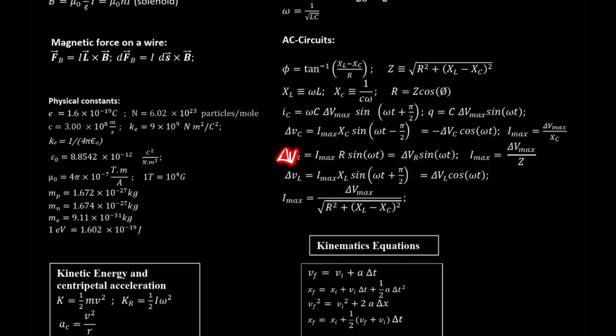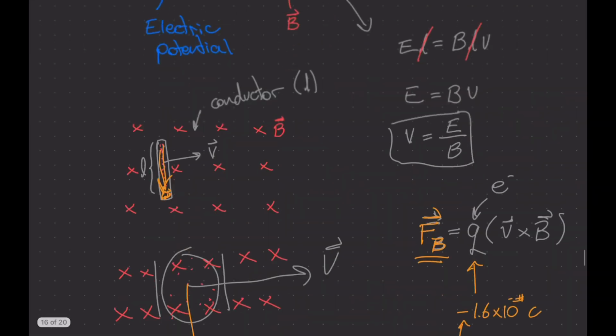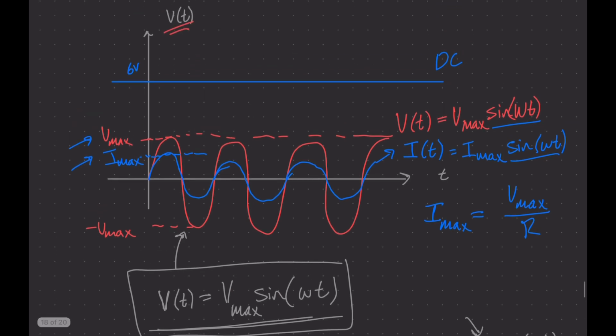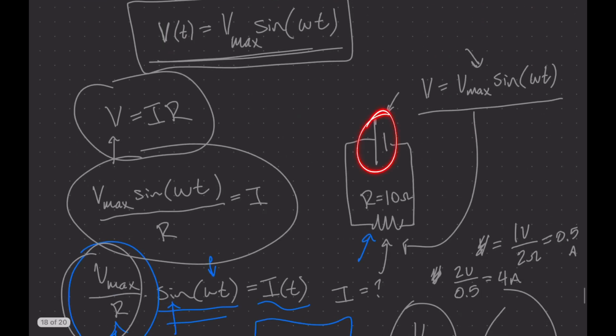So the voltage drop on the resistor follows delta V_R sine omega t. What does that mean? It's basically telling you this plot that we have here, the voltage, when it's applied from a power source like this onto a resistor, it creates a voltage difference over here, right? This delta V_R.